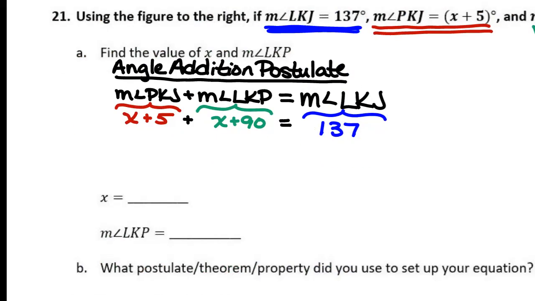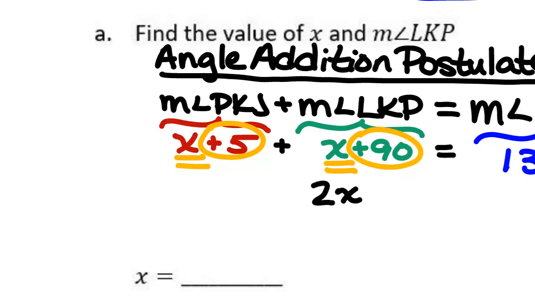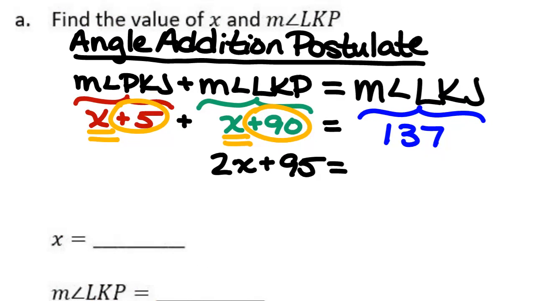So now I'm going to solve this for x. First, I need to combine my like terms. I have x and x, which gives me 2x. I have a positive 5 and a positive 90. That gives me 95. So 2x plus 95 equals 137.